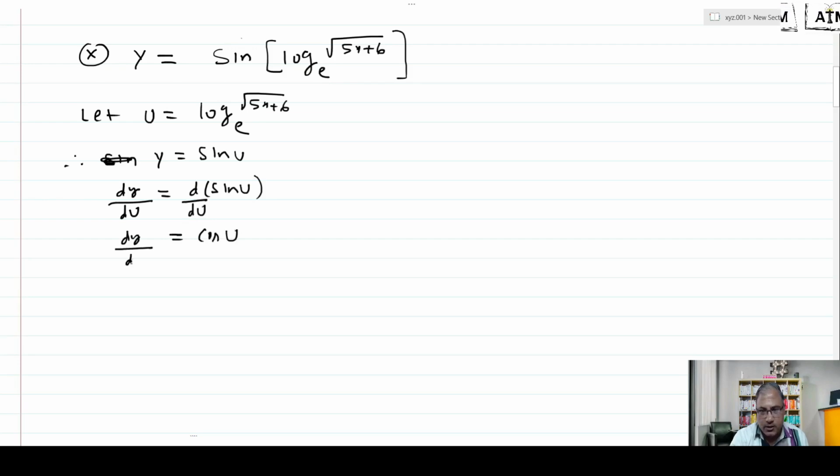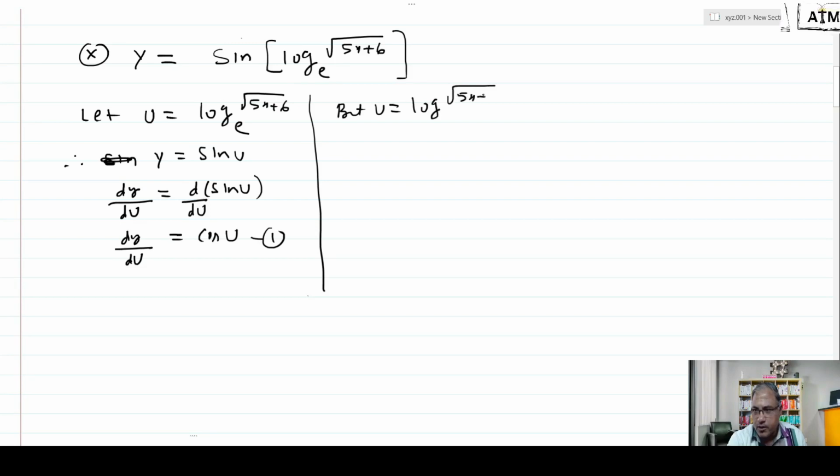This is equation number 1. Next step, but u equals log of root (5x plus 6) to the base e. Let root (5x plus 6) equal v. Therefore, u equals log v to the base e.